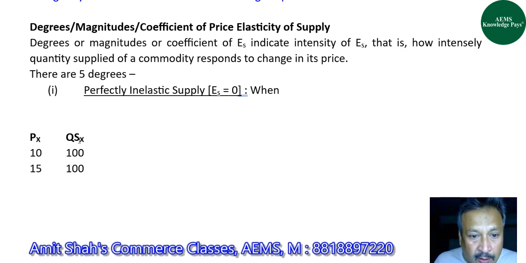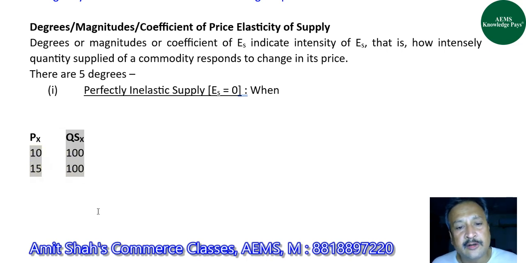Means quantity supplied has not responded to change in its price at all. When it is so, we call it perfectly inelastic supply. And when we calculate here price elasticity of supply, it would be equal to 0 because percentage change in quantity supplied is 0.